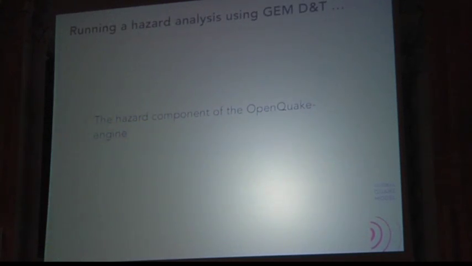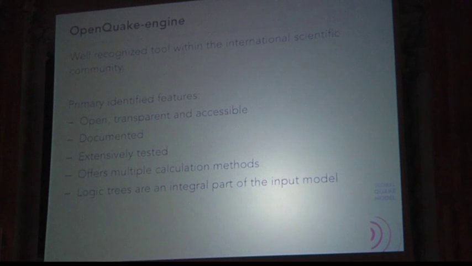So now we have a model built by us or taken from the platform. We want to perform a calculation, and in order to do that, what we did is to create the hazard component of the OpenQuake engine. I think that now can be considered a tool that is well recognized within the international community and with very well identified features.